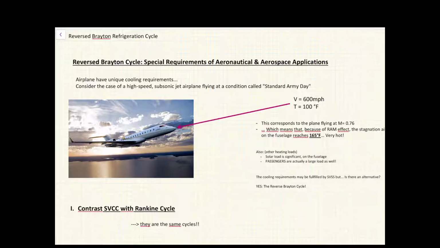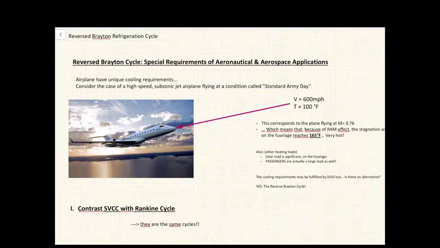And if you remember from your Fluids 2 class, that corresponds to a significant Ram effect, which itself increases the temperature of the air as it impacts the fuselage and any entry point into the system, which of course is what we're going to have to do if we're going to use the air as our working fluid here.